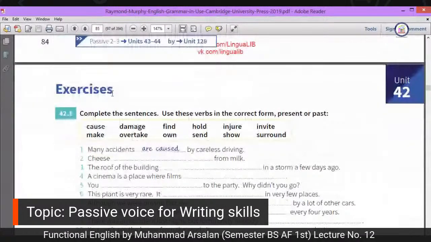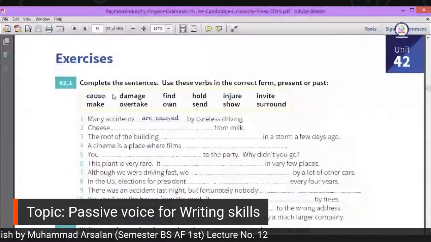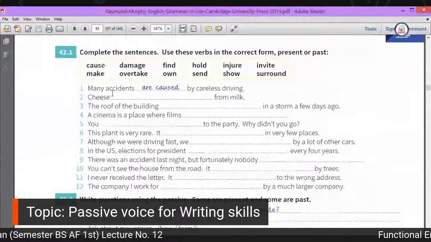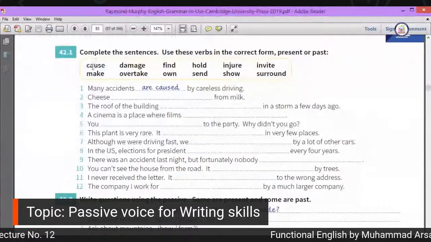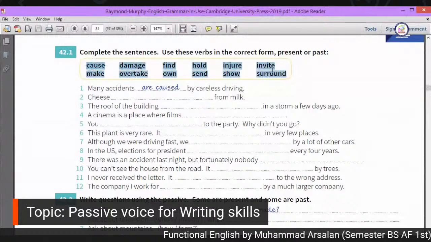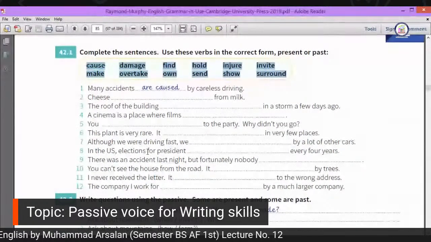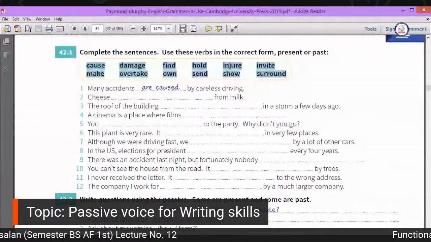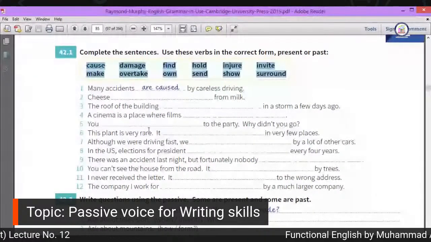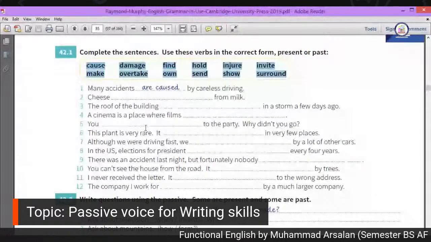So let's see how you do this exercise. Many accidents are caused by careless driving. You have some verbs which you have to utilize at least once in a sentence. So for you, you have time. I would like you to write down these sentences in the comments. Thank you. Go ahead quickly.